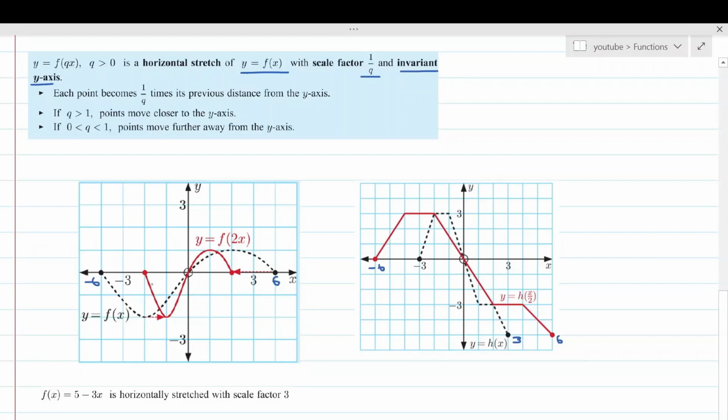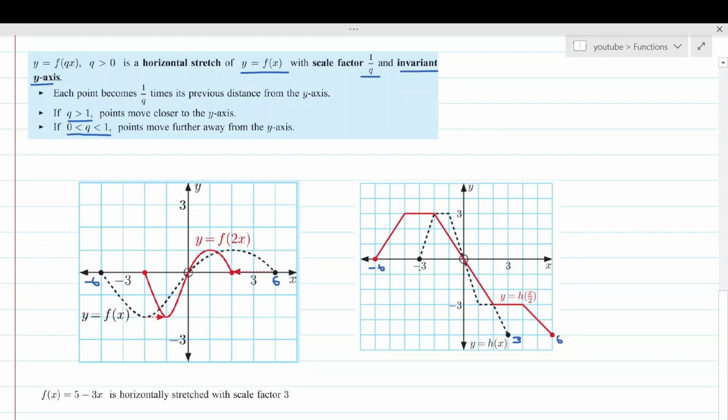As you can see, the graph has moved towards the y-axis. That is because the q value is greater than 1. What if our q value lies between 0 and 1? In this case, the opposite takes place, because our scale factor 1/q would be 1 divided by 1/2, which becomes 2 times the value.